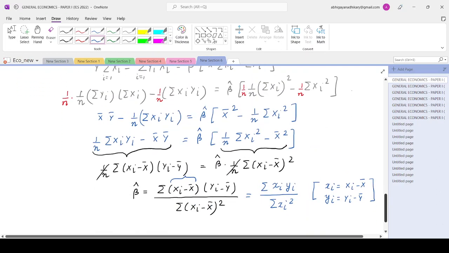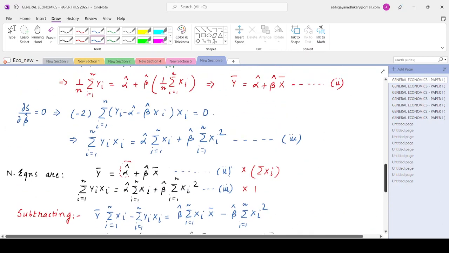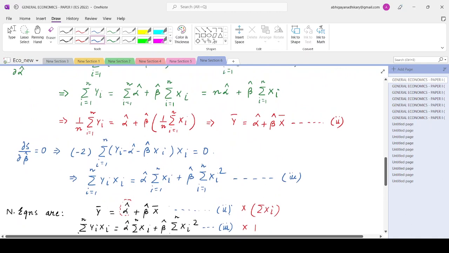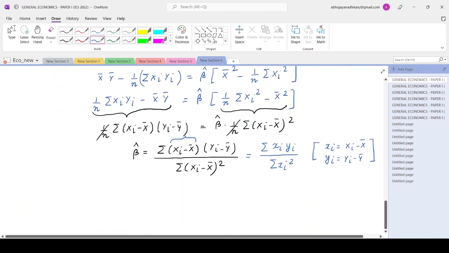So now understand that when we have obtained beta hat, I can simply put this in equation 2, right? Therefore, now from equation 2, what is equation 2? It was y bar equals alpha hat plus beta hat x bar. Now y bar and x bar can be easily calculated from the sample. So what is alpha hat?